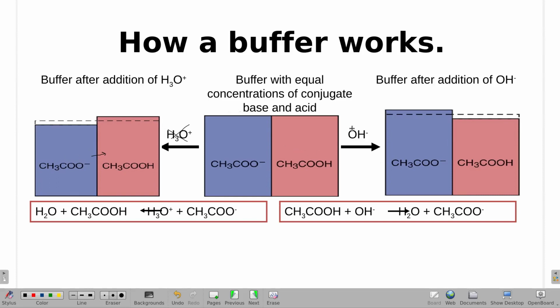If I come over here and add base, the base is going to get neutralized with these acids, meaning that the CH3COOH drops, and there's now more CH3COO minus. But again, because it's all neutralized, the pH doesn't change very much.